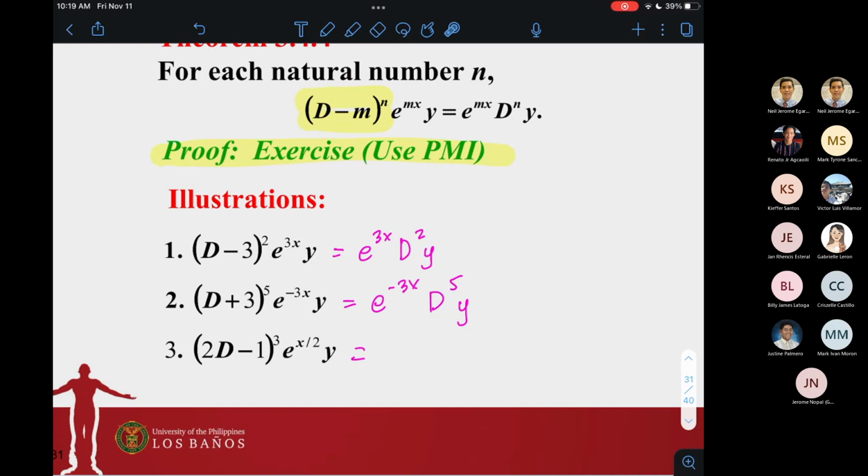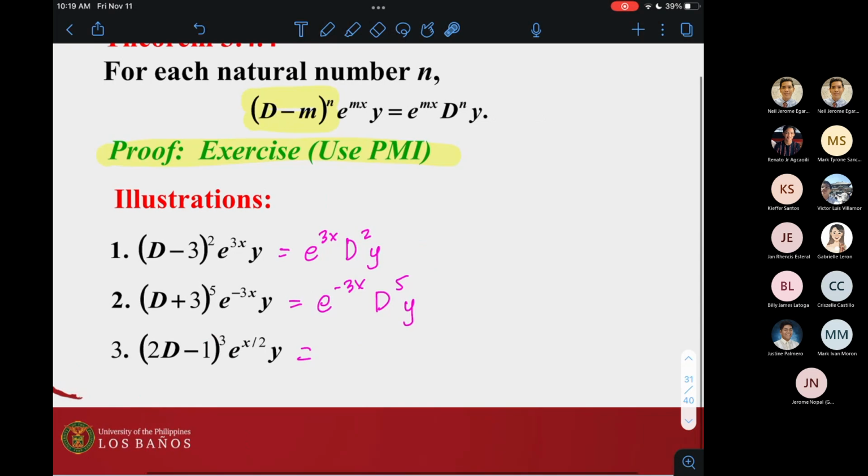Right? Ang exponent ni e ay 1/2 x. So I'm hoping na yung subtrahend dito maging 1/2. And actually, that will happen because we need d to have coefficient 1. So ang kailangan kong gawin, mag-factor out ako ng 2 dito sa operator na to. Right? So ipupwersa ko yung issue na magpa-factor ako ng 2. So magkakaroon ako ng d minus 1/2 raised to the 3rd power e to the 1/2 x times y.